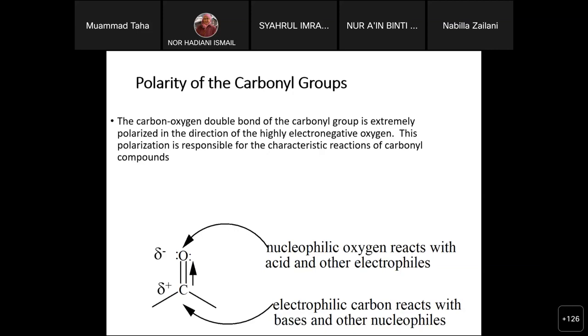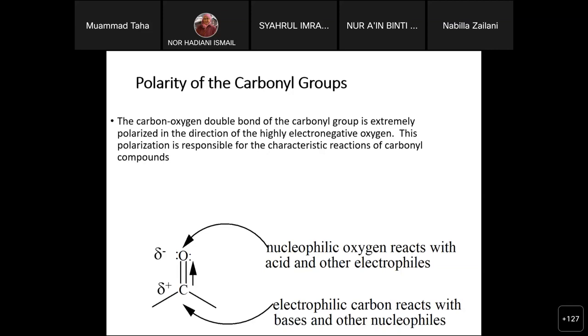You must master how we can see which compounds are polar and which are not. So always remember that electronegativity is important to know about the compounds. If you know the electronegativity chart, you will be able to see that oxygen is highly electronegative as compared to carbon.